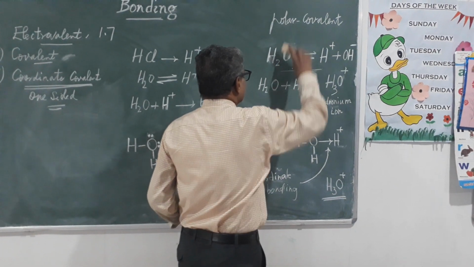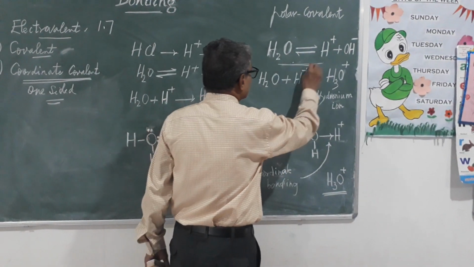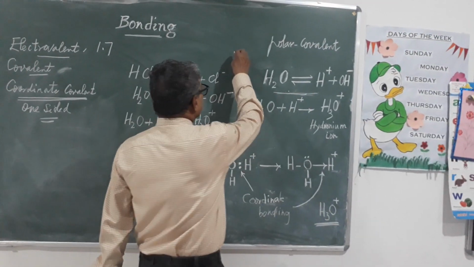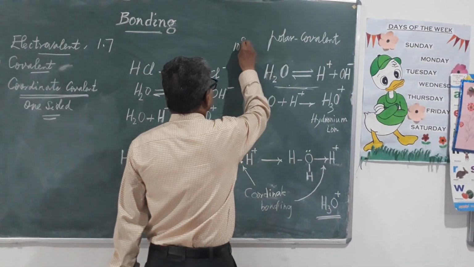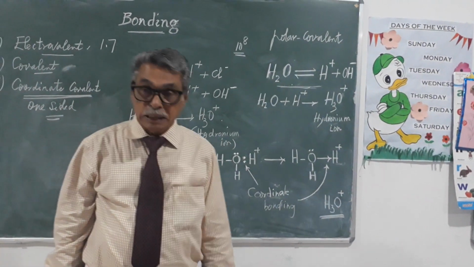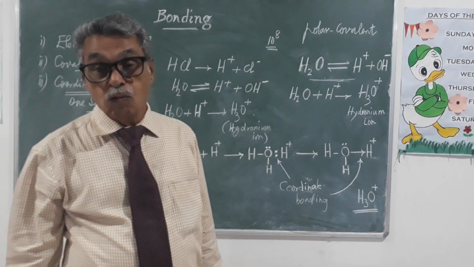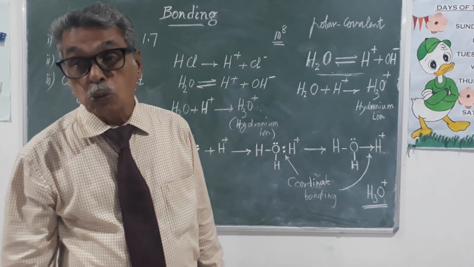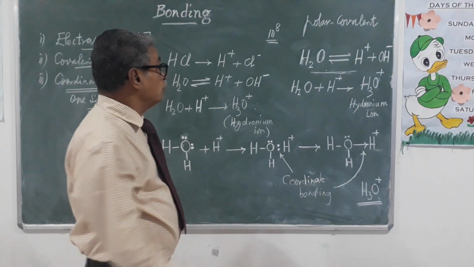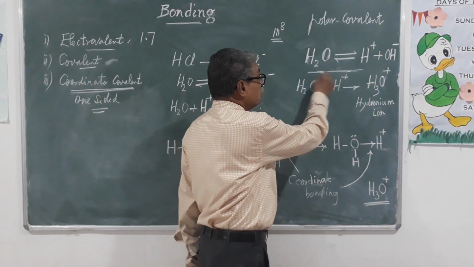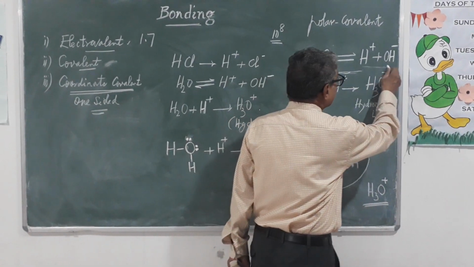that every molecule of water will not change like this. Out of 10 to the power of 8 molecules of water, that means 1 followed by 8 zeros, 10 crores, one molecule will change like this.